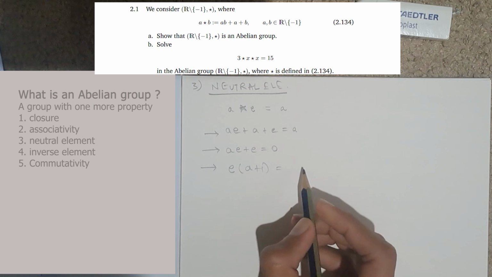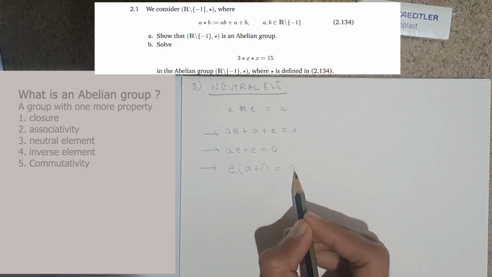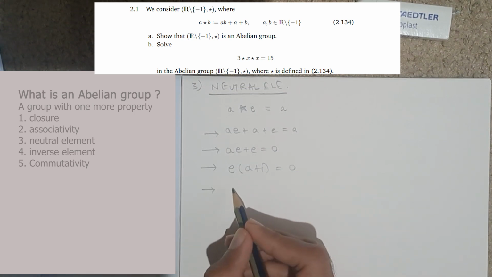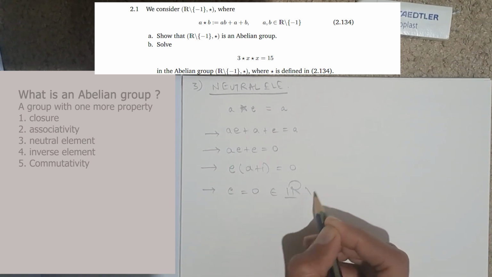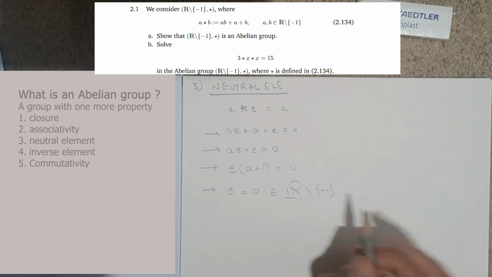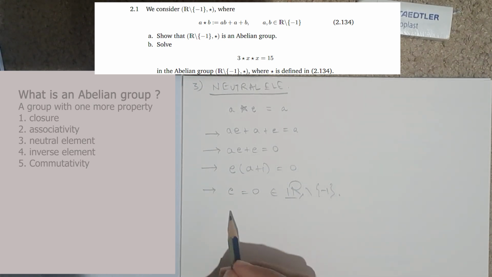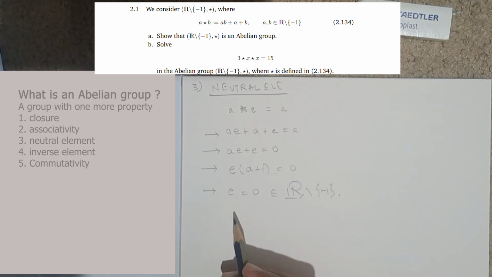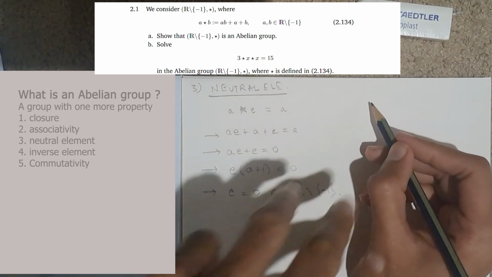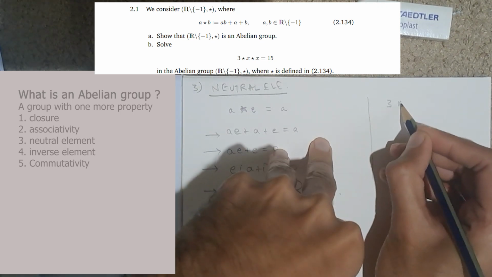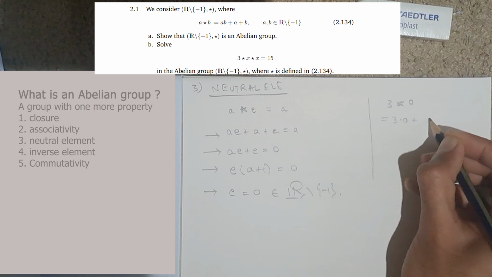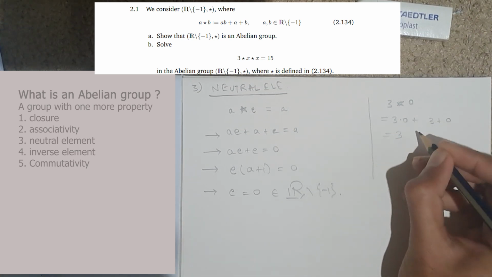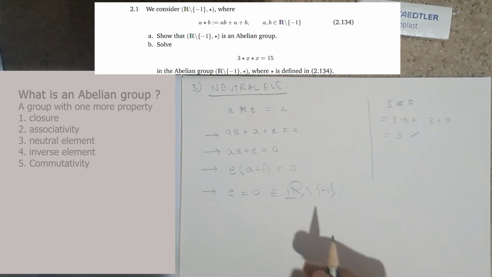E times A plus 1 is 0. And that just gives you E is equal to 0, which is an element of this set, which is perfect. And since this is true, we know that there's a neutral element, and we can test this quickly. We can take something like 3 star 0, which is 3 times 0, plus 3 plus 0, which is just 3. So this does work.